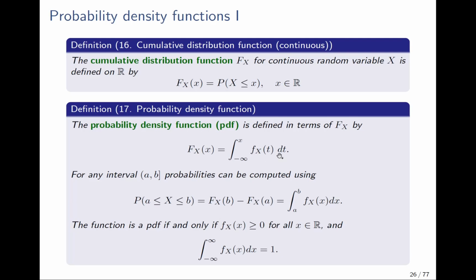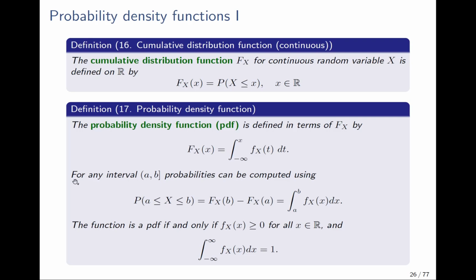So the PDF is simply the sum or the integral over all values that x can take up to some specific defined value x that is the argument of the CDF. So that defines what the probability density function is using calculus. It's this integral, the cumulative distribution function is the integral of the PDF.